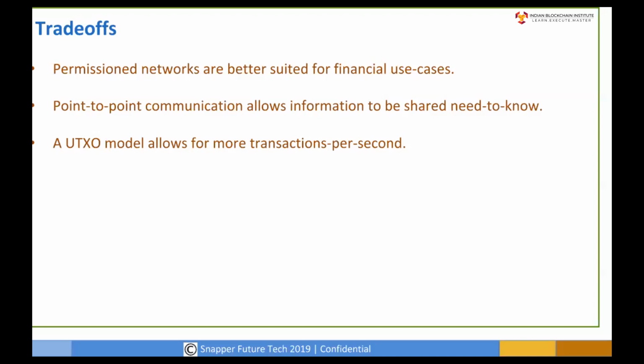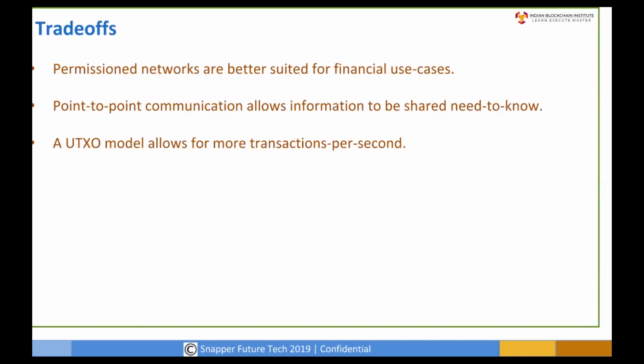As I mentioned, need-to-know basis means if two parties are involved in a transaction, and there are, let's say, five total parties in the network, and only these two parties need to do a transaction, then the other parties in the network need not know or have that information with them unless they want to share it. So it is need-to-know basis.